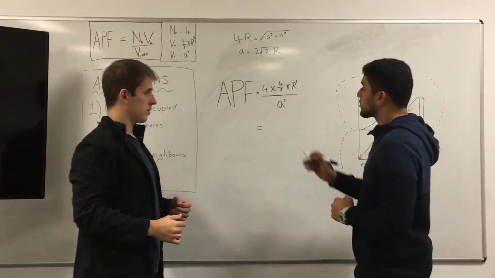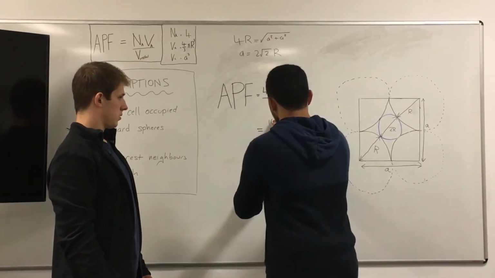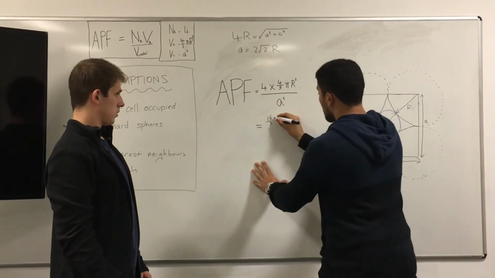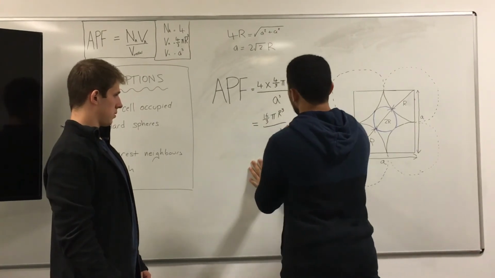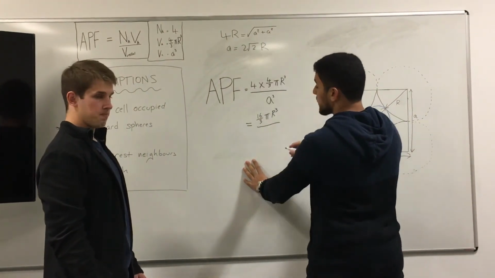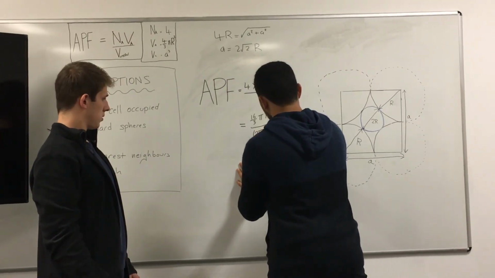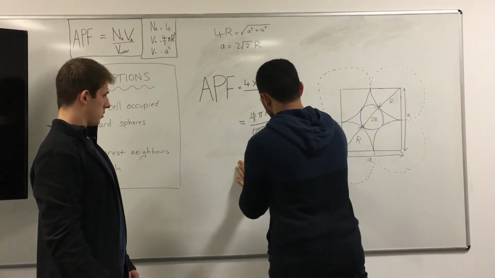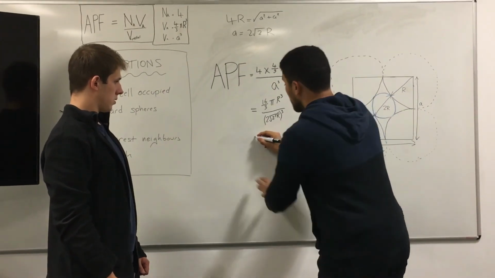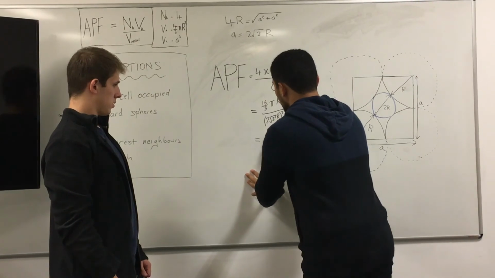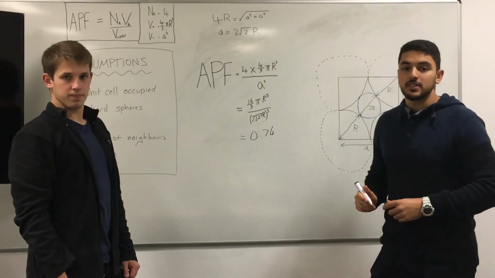And subbing this back into our equation over here for the packing fraction, we find that 16 over 3 pi r cubed over a cubed, and subbing in our a value, 2 root 2 r cubed. And we can notice right away that the r cubes will cancel, and putting this into our calculator, we'll get 0.74 for the packing fraction of an FCC structure.